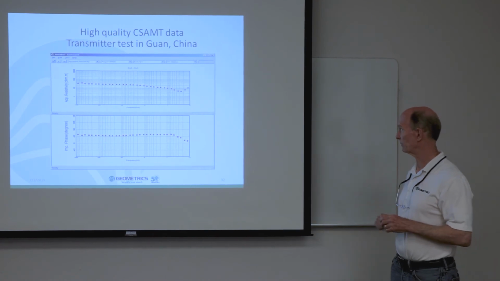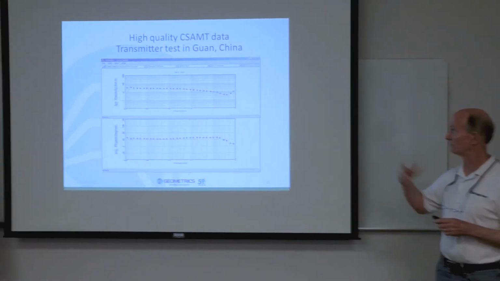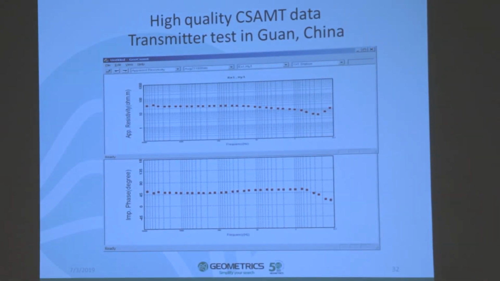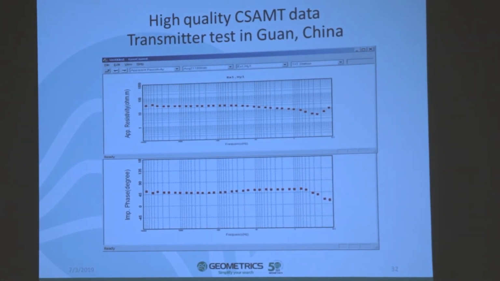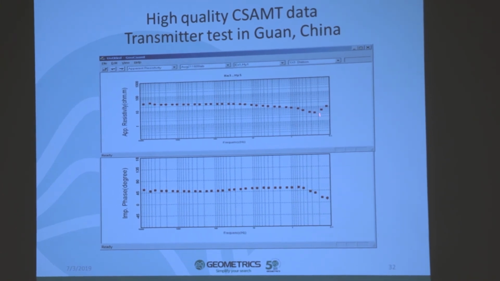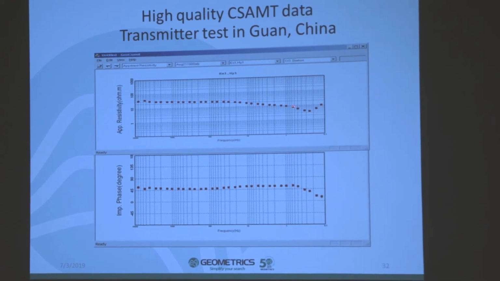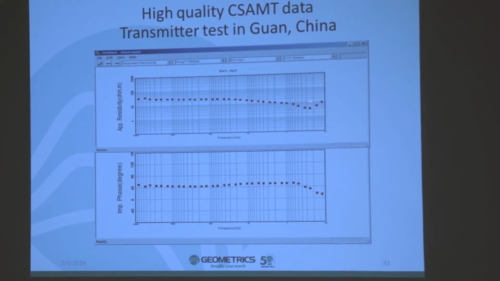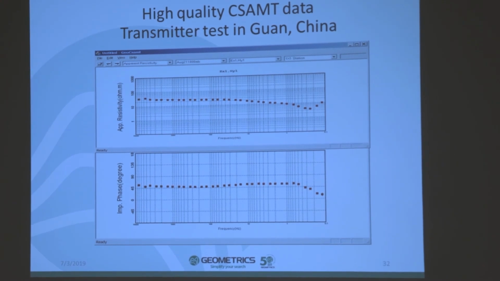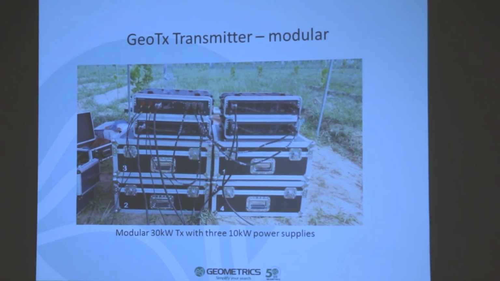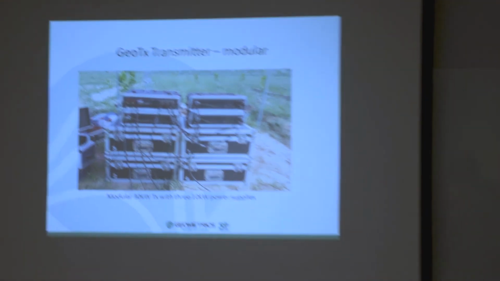This is an example of a CSAMT survey done with the Geode EM, and this was to quite a great depth. We're looking all the way down to a 10-second or 0.1 hertz period. Very nice data that matches the phase quite well. And this was the transmitter that was used. This happened to be a 30 kilowatt.